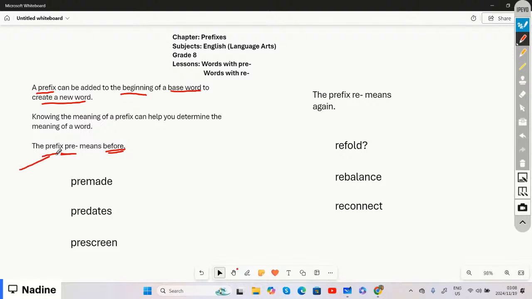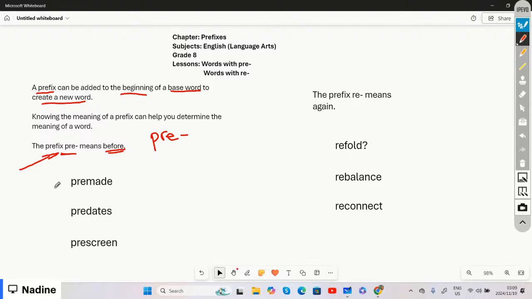Here we have the first prefix, which is pre. And this prefix we're going to add in front of a base word, or a word that can stand on its own. Here we have a few examples. Pre means before.